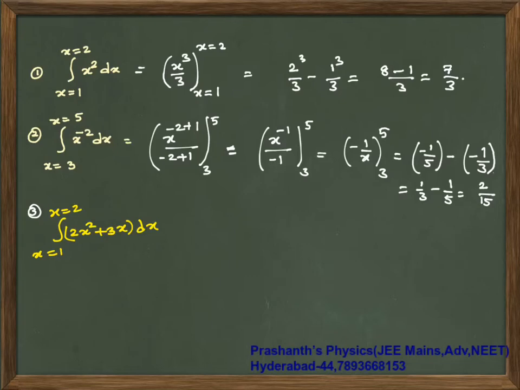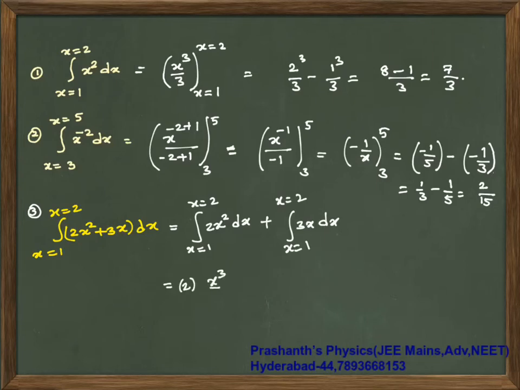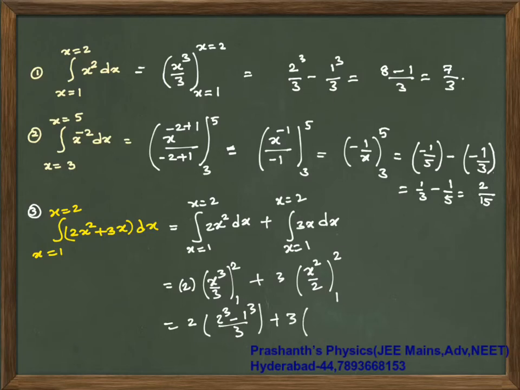How you do it as in indefinite integral: that becomes the integral of 2x square dx from 1 to 2 plus the integral of 3x dx from 1 to 2, that is equal to 2 times x cube by 3 from 1 to 2 plus 3 times x square by 2 from 1 to 2. So that gives 2 times 2 cube minus 1 cube by 3 plus 3 times 2 square minus 1 square by 2.